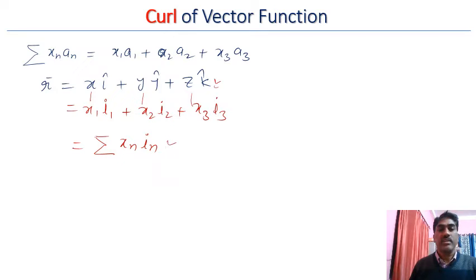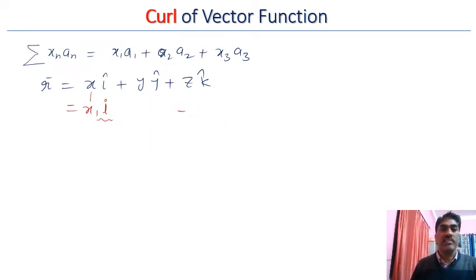Then this can be written as this summation, because it is now understood that it will start from i1 and end at i3. So now why should we use this summation convention? Let us write this as sigma x_i i_i, and it should be now understood that the two more similar terms, means plus yj plus zk, will be there. So we can write the r vector in this form.